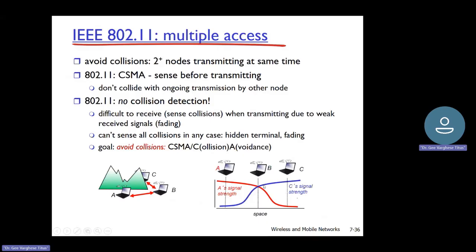But they both are visible to B because their strengths are strong enough. Just like we mentioned before, the first thing they do is sense the channel. A senses the channel to see if somebody is there. They both are trying to transmit similarly. At this point in time, A doesn't sense the presence of C, so it transmits.